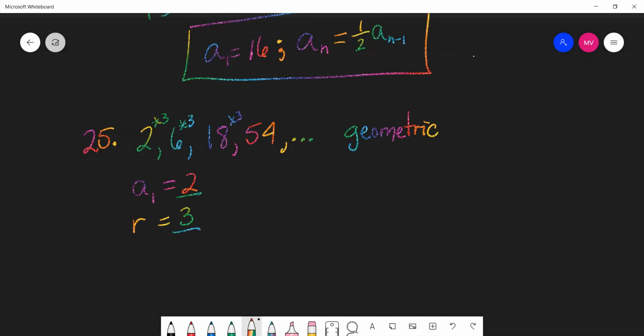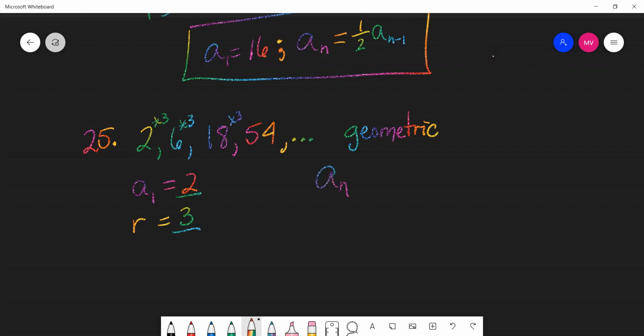So our explicit formula for geometric sequences is in our books. Let me get it in front of me so I write it right. Okay, so we are looking at geometric explicit formulas.